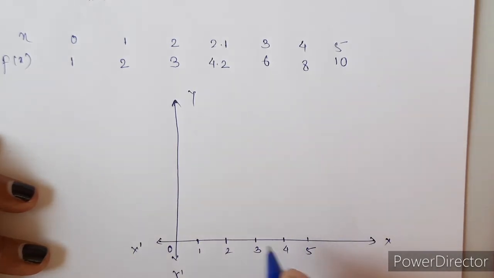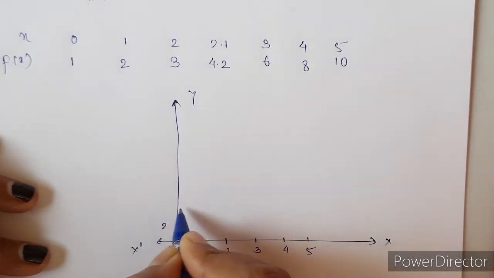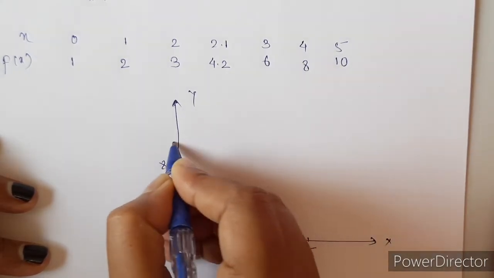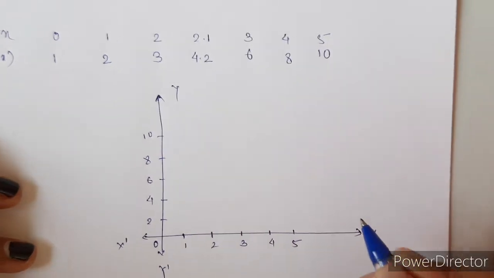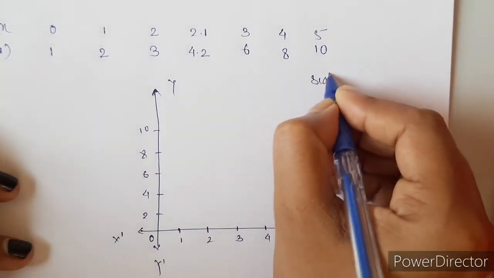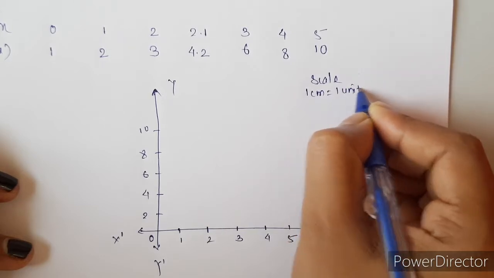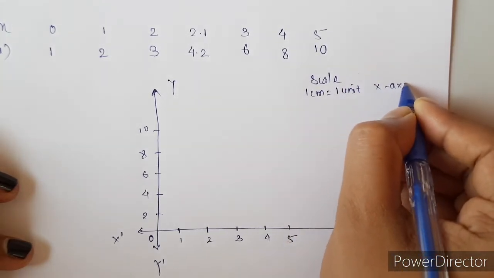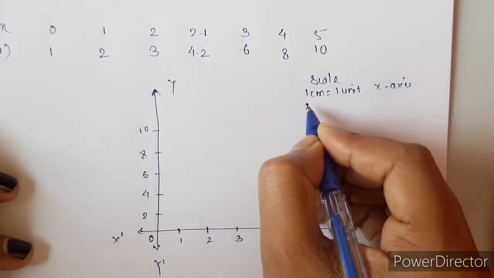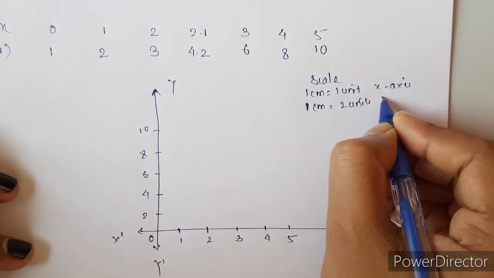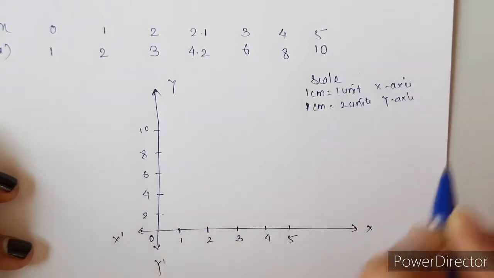Let me take an interval of 2 here: 2, 4, 6, 8 and 10. So what is our scale in this case? 1 centimeter equals 1 unit on the x-axis, and 1 centimeter equals 2 units on the y-axis.